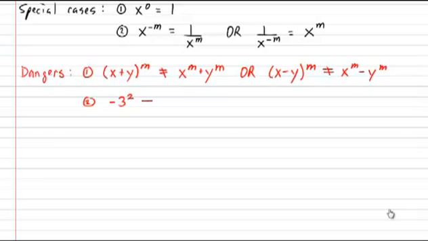And this makes it different from the following. In the second case, the negative 3 is surrounded in a bracket, and therefore the exponent 2 affects the 3 and the negative sign. In fact, operationally, it looks like this.